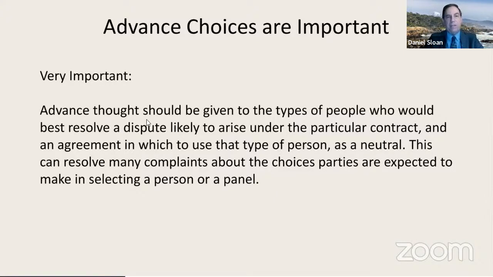Advanced thought should be given to the types of people who would best resolve a dispute likely to arise under the particular contract, and an agreement to use that type of person as a neutral. This can resolve many complaints about the choices parties are expected to make in selecting a person or a panel. So it's very important to give a lot of advanced thought to what kind of person or people you're going to have in this.